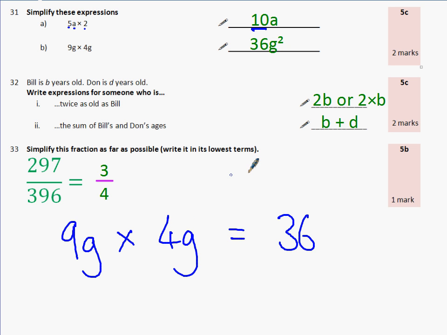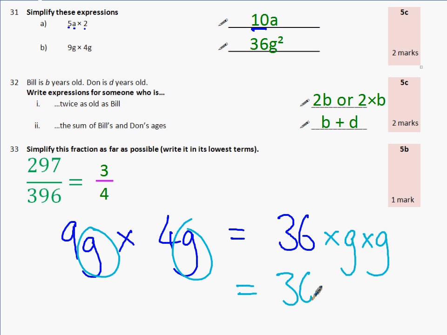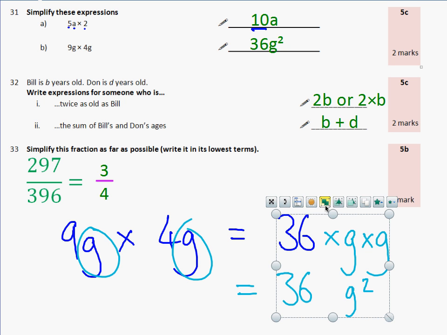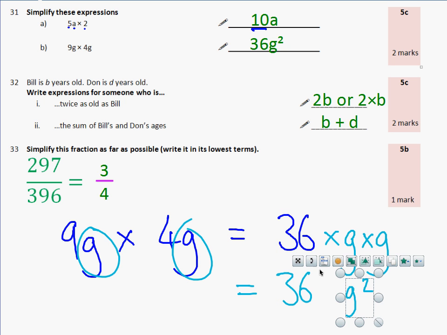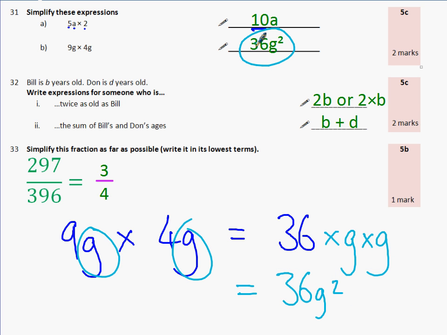Now we still need to do g times g. But you can shorten that to 36 times g squared, and you can shorten that to 36g squared. Which is what we've got here.